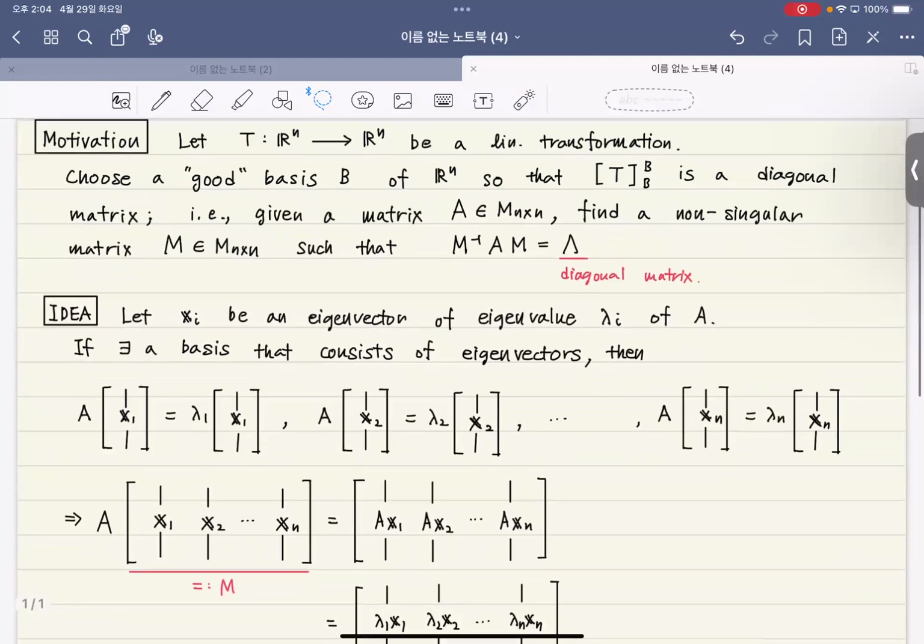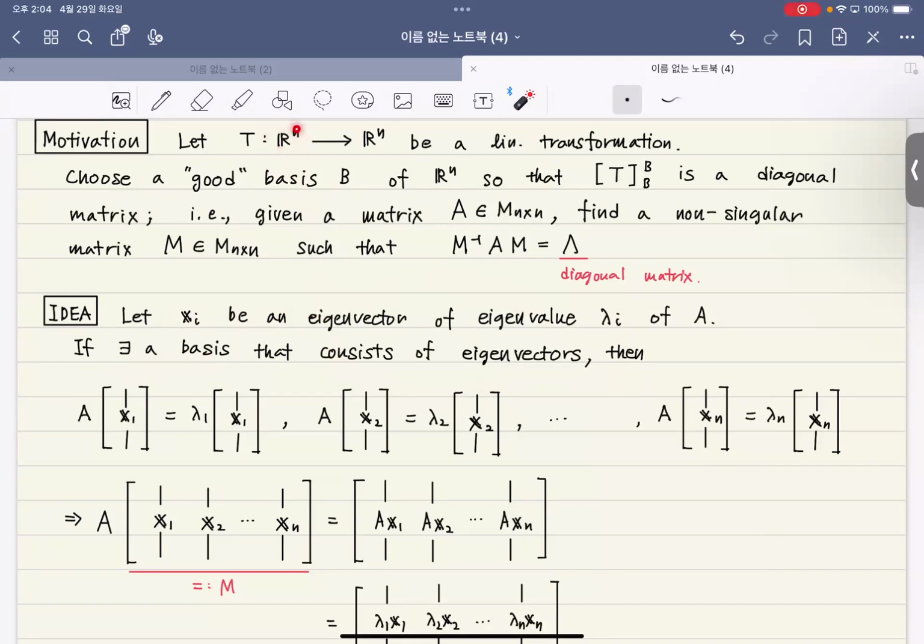And this is the idea. Let us assume that xi is an eigenvector of an eigenvalue lambda i. This is a very wild assumption, but let us assume that we can find a basis of the vector space Rn that entirely consists of eigenvectors.